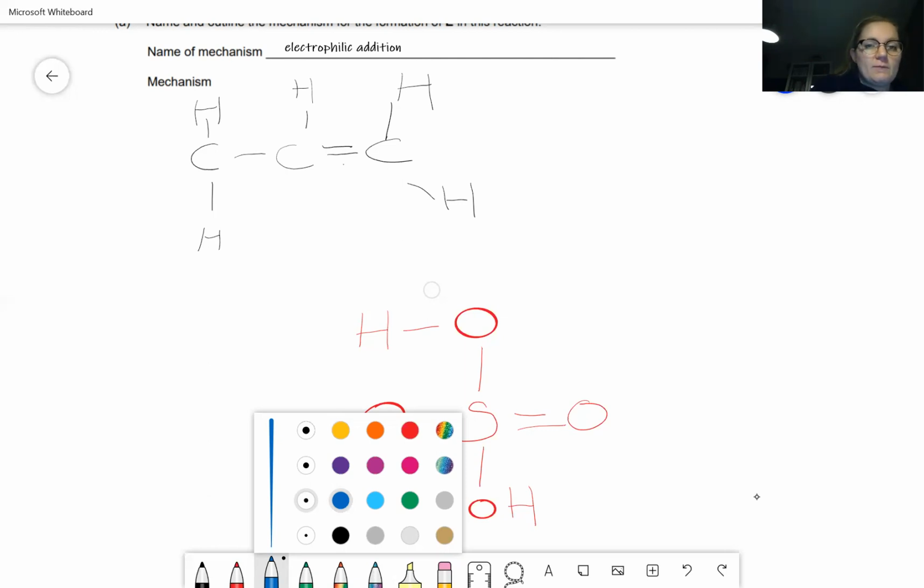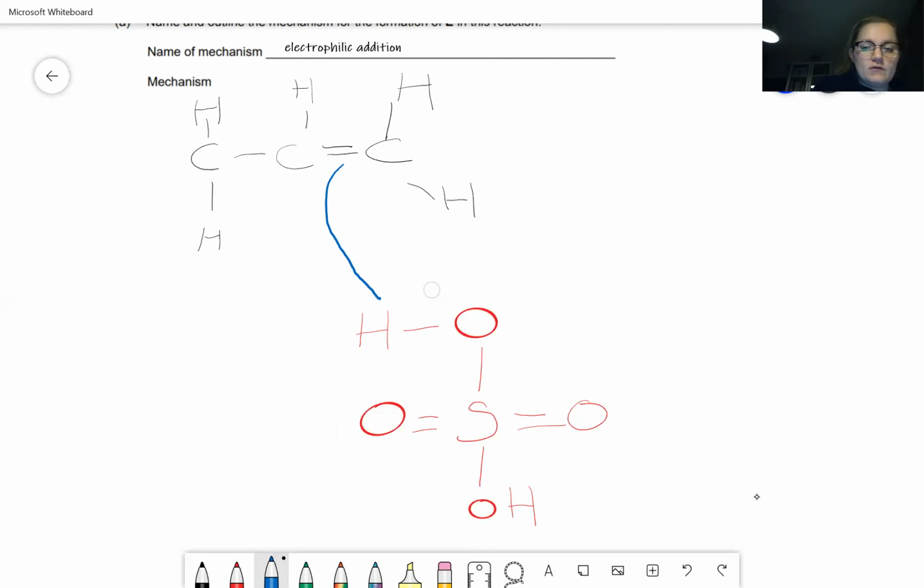So those pi bonds are going to break, and the electrons are going to go to the hydrogen here. The bond between the hydrogen and the oxygen is going to break because of that, and those electrons from the hydrogen and oxygen are going to go to the oxygen. Okay, so that is the first part.